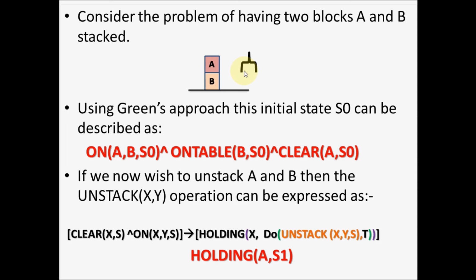As you can rightly see here, Green's approach has the most common disadvantage: although Green said that a current state can be represented with the frame axiom, how many frame axioms are you going to write? How many predicates are you going to write?